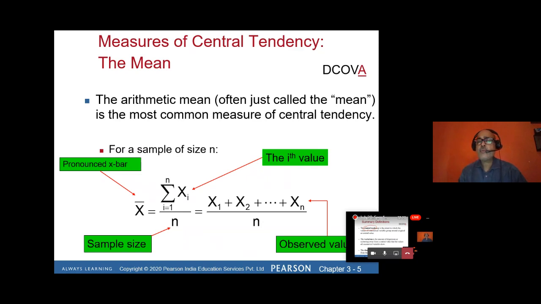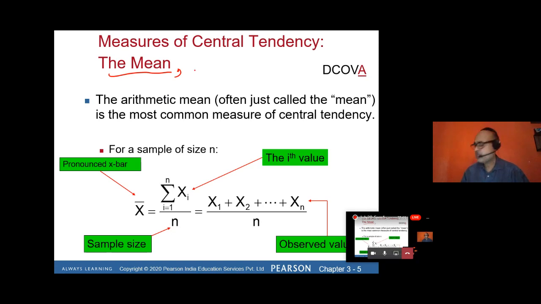Now, the first and most important thing under central tendency: three things are common in central tendency, that you can see. All of you please note down. If you want to know the center position of any data set, three things we have to calculate. First is mean.